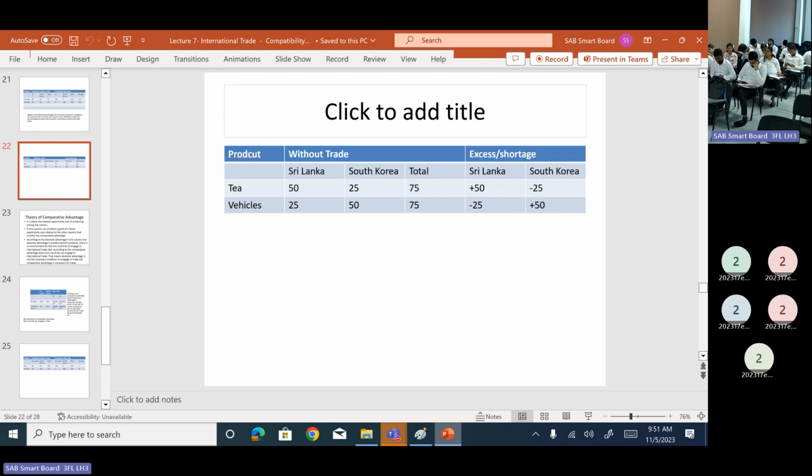How much? Sri Lanka 50, 25. South Korea is now 25 to 50.